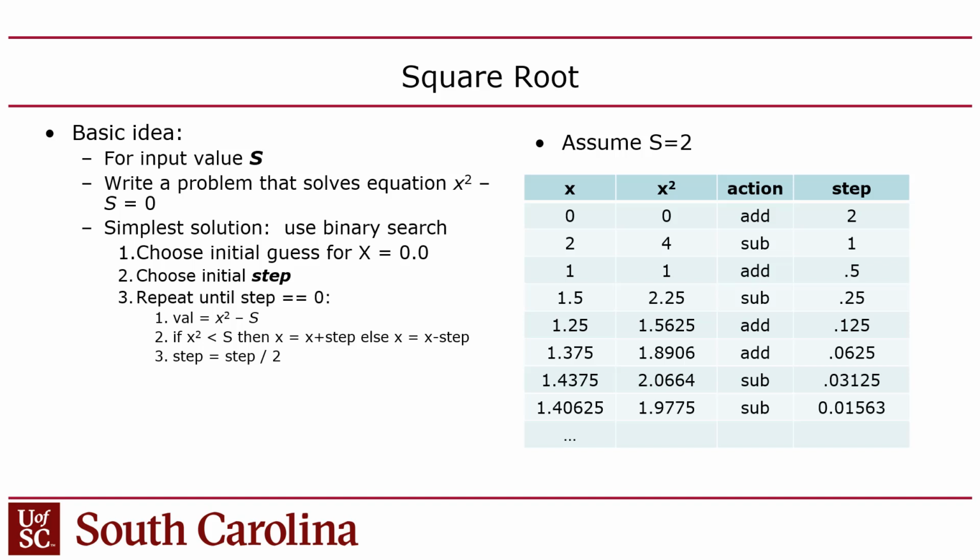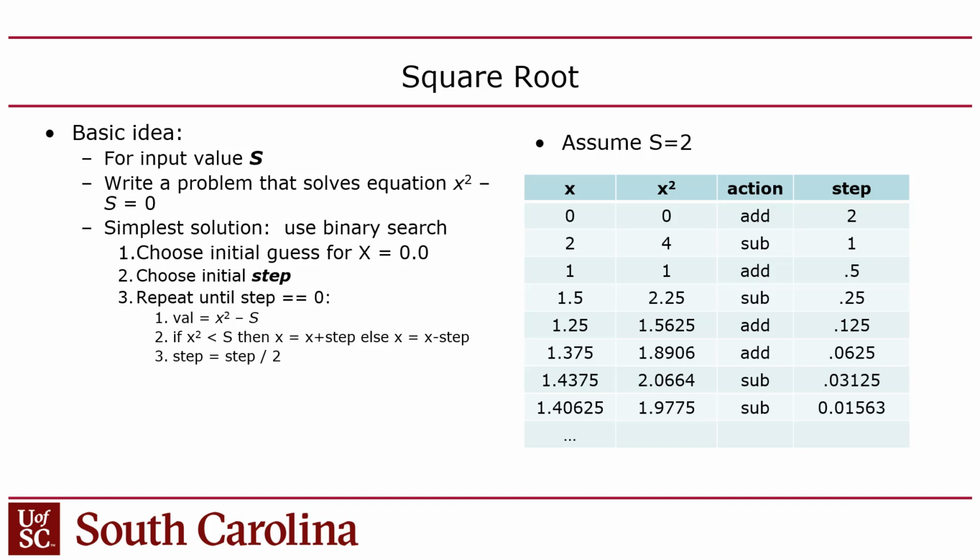So, for example, if I start out with a guess of 0, and I square 0, I get 0, right? Then I compare 0 to 2, and that's obviously too low, so I have to add to my guess. I'm going to set my initial add amount to 2.